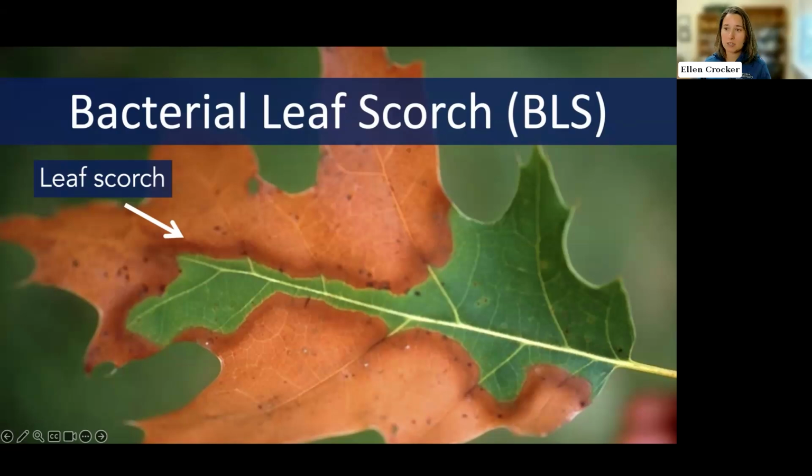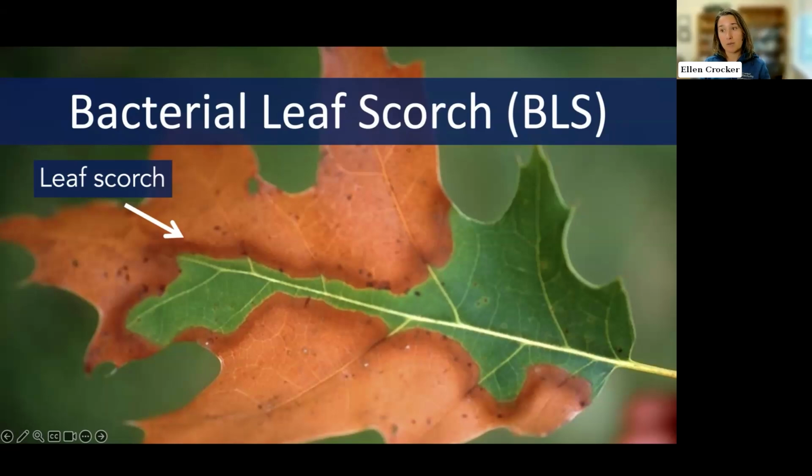And it turns out the species that causes bacterial leaf scorch, Xylella fastidiosa, while it has a huge range of different species that it can infect and cause problems on, there tend to be these strains that are very host specific. So I think if you've got higher diversity of trees, it's going to decrease your likelihood of having issues with it, because it's going to be less likely to spread tree to tree, just because you do have some of that specificity there.